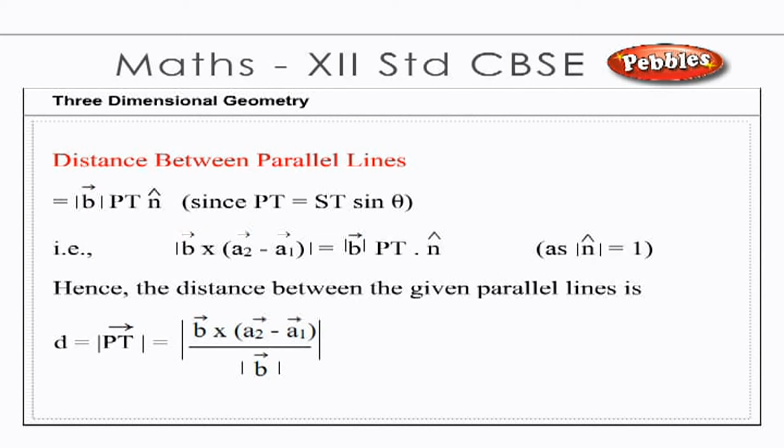That is, modulus of b vector cross (a2 vector minus a1 vector) is equal to modulus of b vector into PT, as modulus of n cap is equal to 1. Hence, the distance between the given parallel lines is d, equal to modulus of PT vector, equal to modulus of b vector cross (a2 vector minus a1 vector) by modulus of b vector.